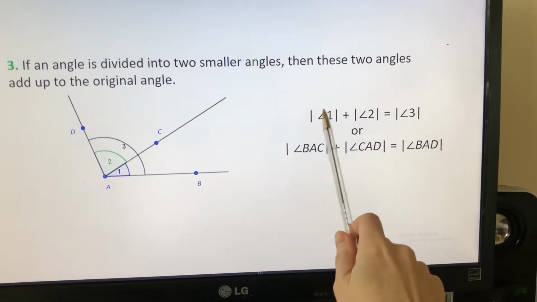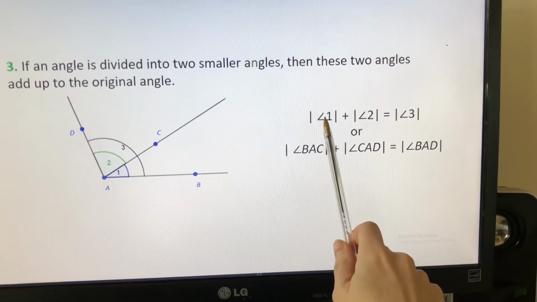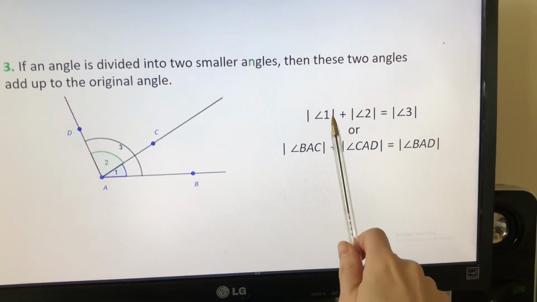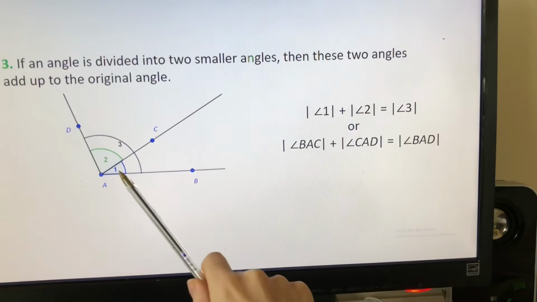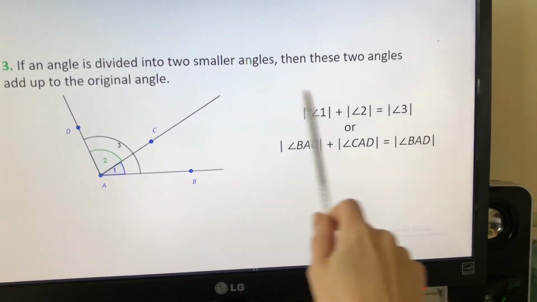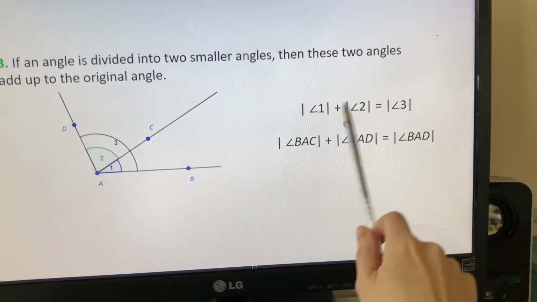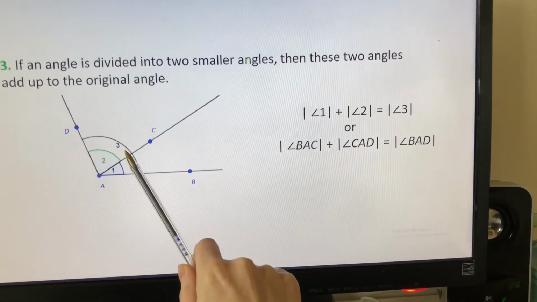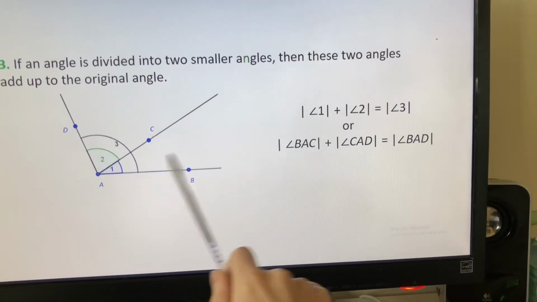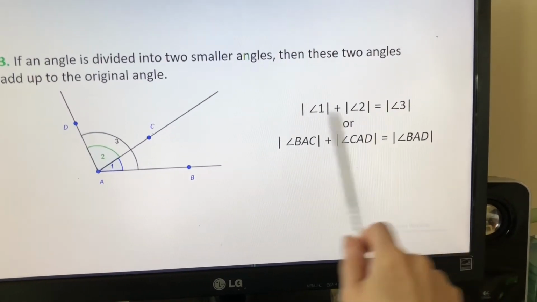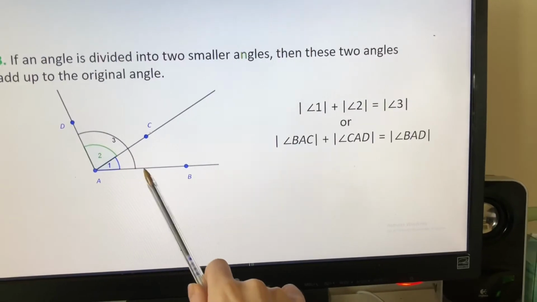Angle 1, remember the symbol for angle is a small symbol, and these two lines mean the measure of. So the measure of angle 1, this small amount here, if we add that measurement to angle 2's measurement, this one here, it will give the same answer as the measurement of the original angle 3.